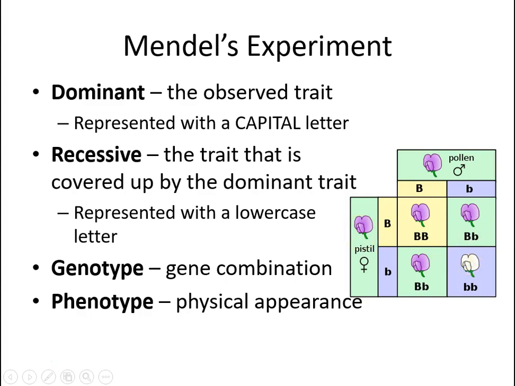And then we also talk about genotype and phenotype. Genotype is a gene combination, so it is the letters that represent that organism's genes. And phenotype is the physical appearance, so it could be like purple, short, tall, anything like that.